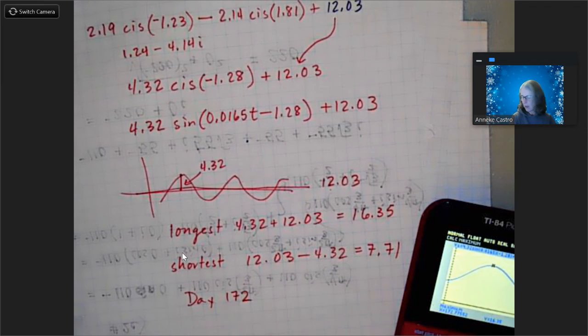If I figure out what the actual date is, that would take a little more work, but we could figure out what day that is. But I'm not going to. It's in June, around June 20th. You could figure that out exactly, but it's going to be on the 172nd day.